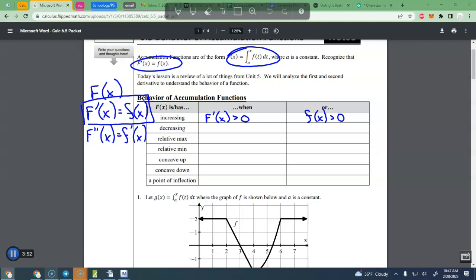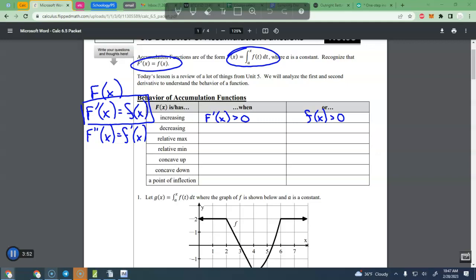Yeah, is capital F like the original? I would call it the original. So when I see this, if I integrate it, that means I go up to get to capital. So capital is at the top, and so it's the original.